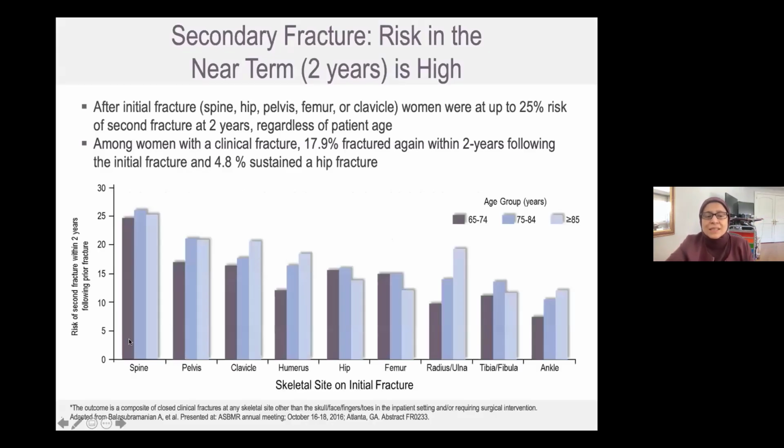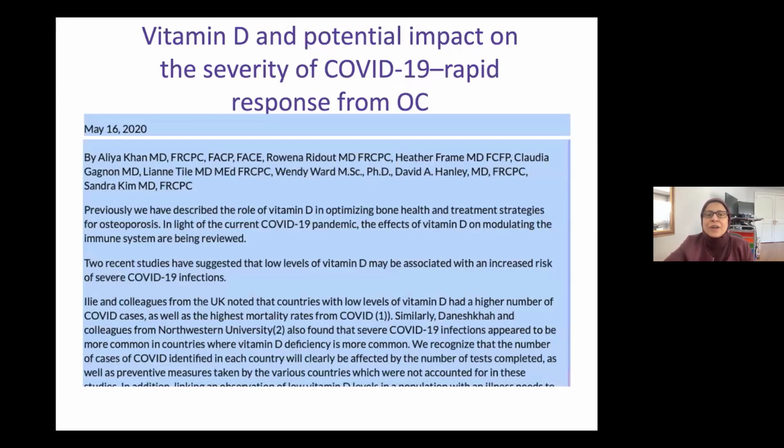This shows us that regardless of the type of fracture the person has experienced, the risk of a second fracture within 2 years following that prior fracture is between 15 and 25%. Obviously this is also age dependent. Older individuals have a higher risk of fracture for multiple reasons. In this time period, we don't have time to delve into that, but it is critical to treat people aggressively after a fragility fracture.